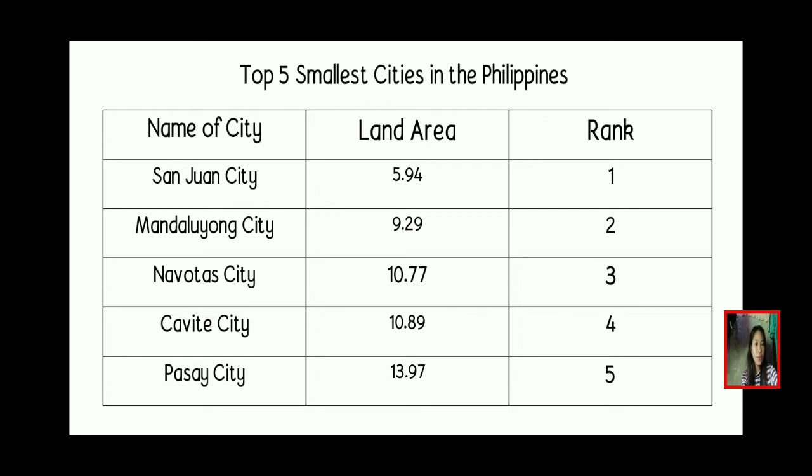So you can observe that it is now much clearer for us to identify the cities and their respective land areas and ranks because they are arranged in the table. So again, let's recall that a table is made up of rows and columns, and it is used to represent data in a clearer, more organized, and more attractive way.